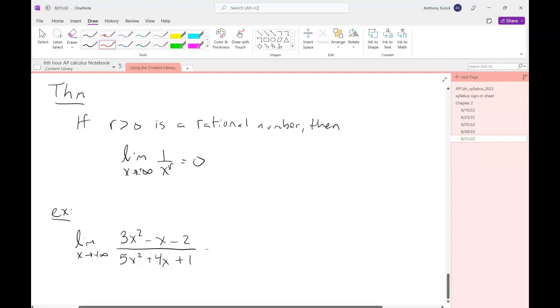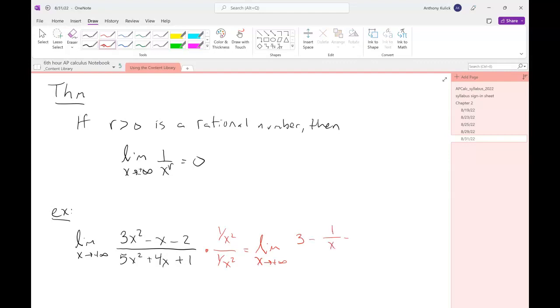So here's the trick. I'm going to take the biggest degree term in the numerator or denominator. In this case, it's x squared. I'm going to multiply the numerator and denominator by 1 over x squared. So that's going to give me 3 minus 1 over x... Is that x squared value taken from the numerator or the denominator?